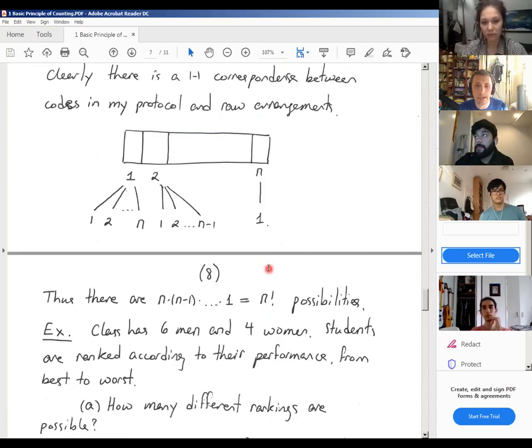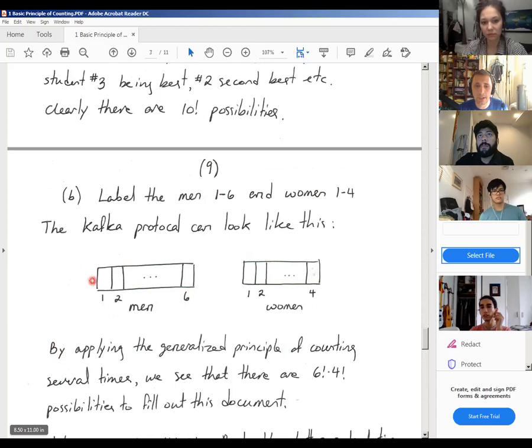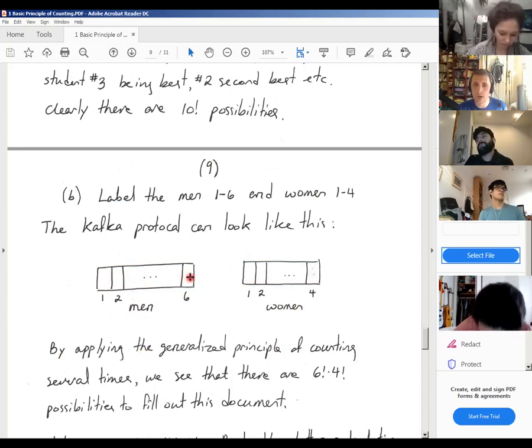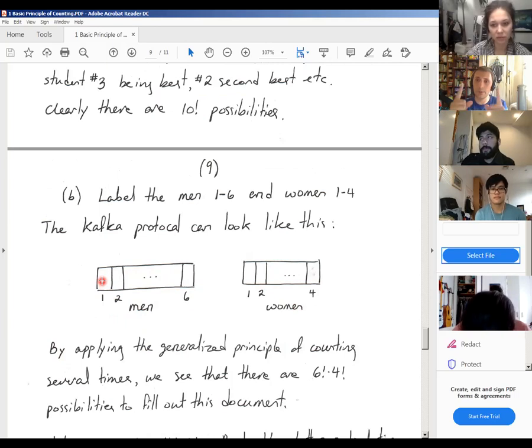So here is my Kafka document. The Kafka document will remind me, so here are my men and here are my women, to multiply the number of outcomes of this experiment times the number of outcomes in this experiment. I apply the basic principle of counting. So how many possibilities are there to rank men by themselves? The men by themselves are labeled with integers 1 through 6. There are 6 men, yes?